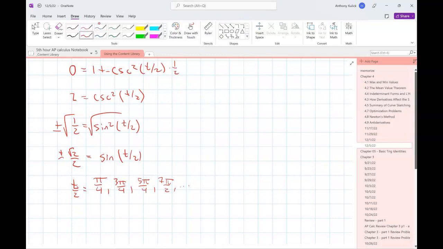You good with that? Okay. Now I'm going to multiply both sides by 2 to get the t by itself. I don't know why I put a 2 there. It's because I was getting a step ahead of myself.